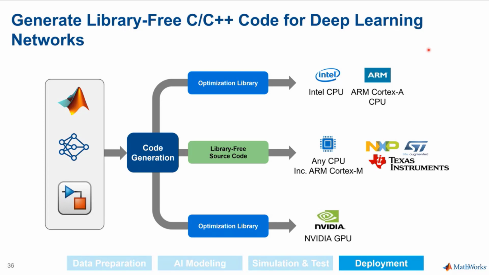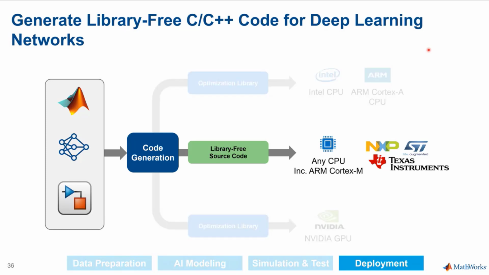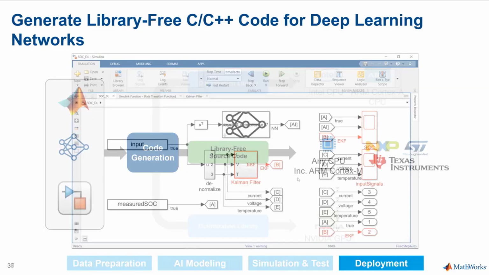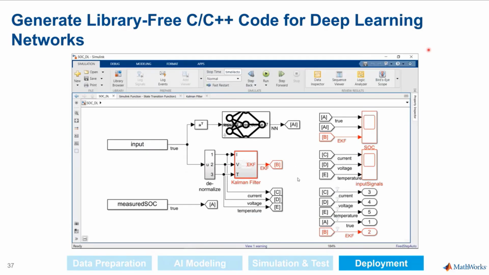So there's always the option also to generate library-free source code, which you can then deploy on any CPU, including ARM Cortex-M. That's what we did in our example, generating library-free source code for the deep neural networks. So here you can see how this looks in MATLAB or Simulink.